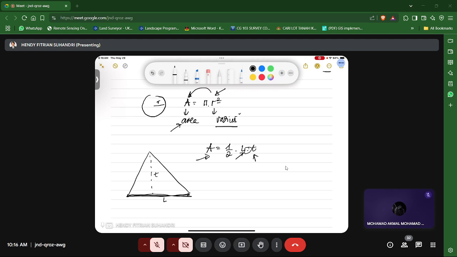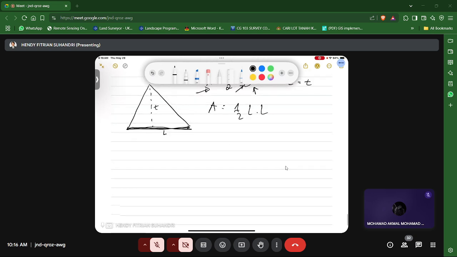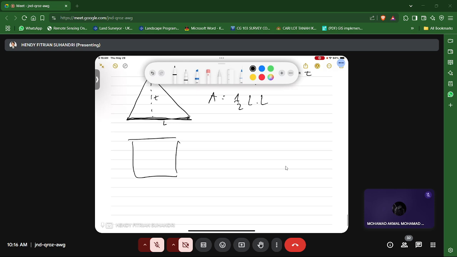Instead, we can say that it is a non-linear equation, because if, let's say, L equals T, then we have L times L or T times T, so it would be a square, just like the rectangle that we had last week.